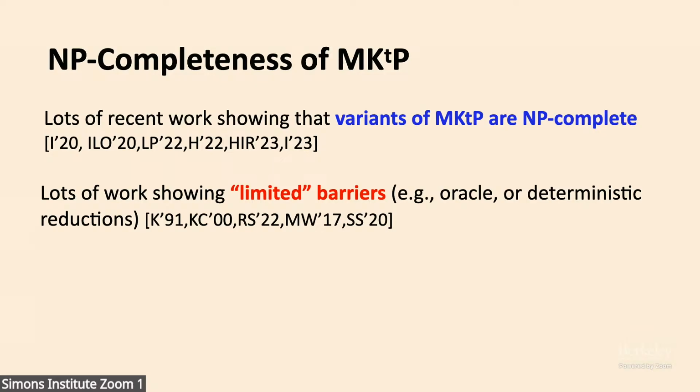If you have a deterministic reduction, you need to take a SAT formula and map it into something. If it's a true instance, you need to map it into something that has small complexity, and if it's a false instance, it needs to have large complexity.